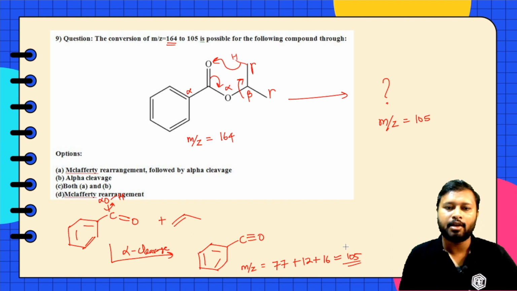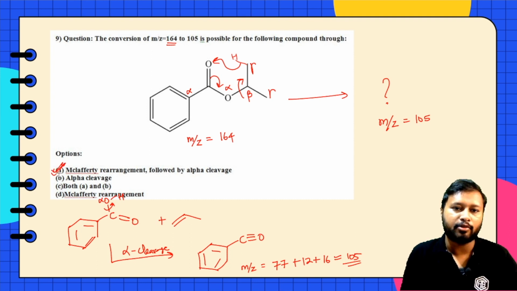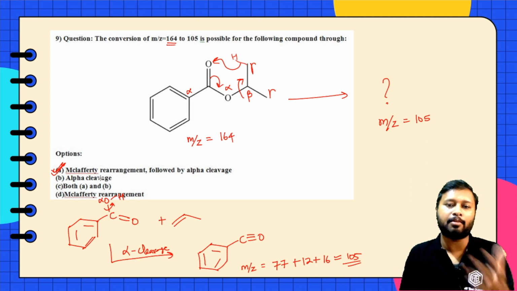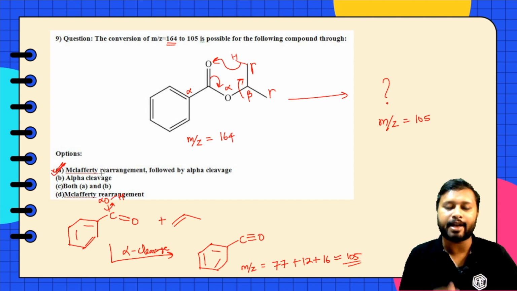And how have you done it? First of all McLafferty rearrangement, and then followed by alpha cleavage. So this is one of the probable things. So option A is correct: you can first undergo McLafferty and then alpha cleavage to get the answer. But is it possible to make the molecule directly through alpha cleavage? Yes, that is also true.